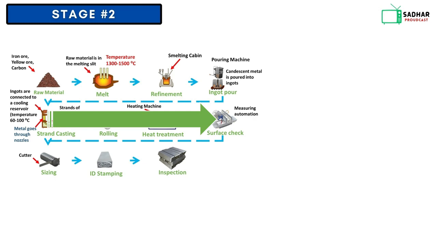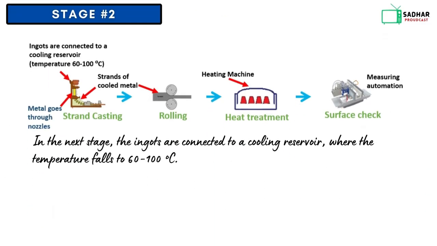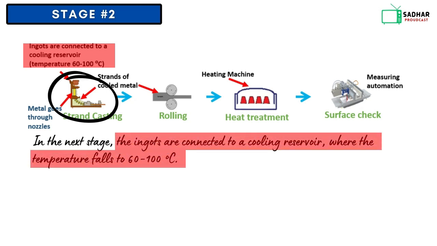The next one, we go ahead with stage number 2. In the next stage, the ingots are connected to a cooling reservoir where the temperature falls to 60 to 100 degrees Celsius. So we have here the next stage, and then here we have the information which I take from. The ingots are connected to cooling reservoir where the temperature falls to 60 to 100 degrees Celsius.